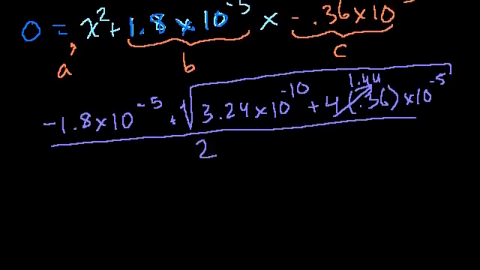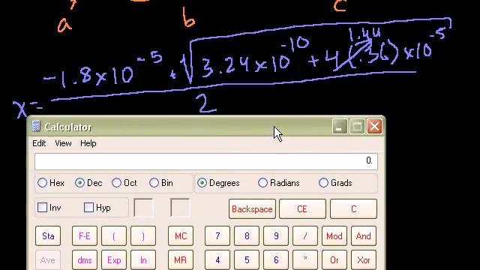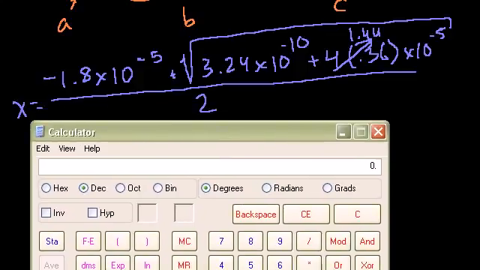And this is my x value, my concentration of OH. So I have 3.24 times 10 to the minus 10, plus 1.44 times 10 to the minus 5.